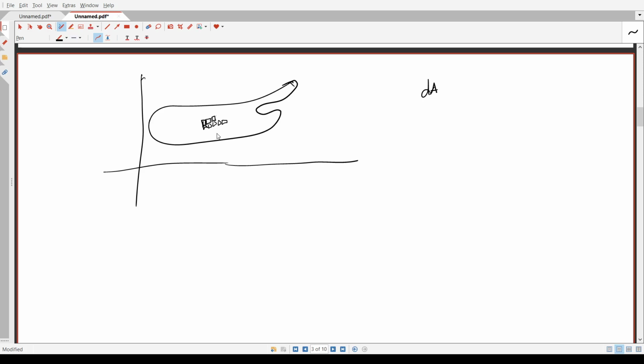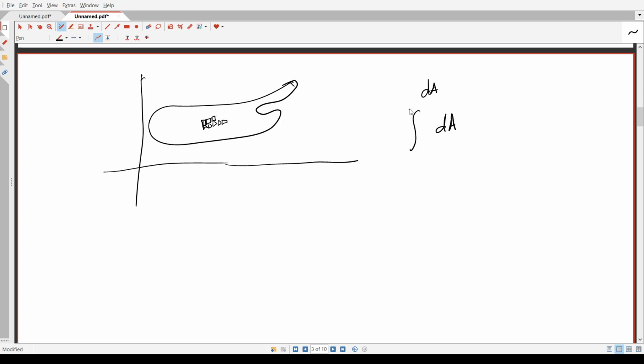So this area is going to be the integral over this whole region of dA. I'm adding up all of these areas.